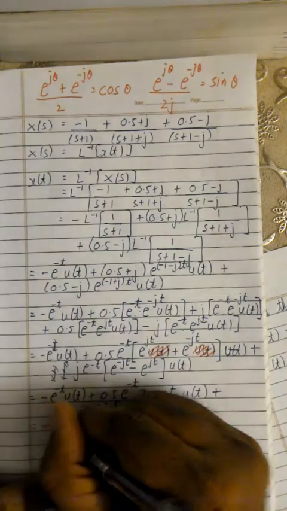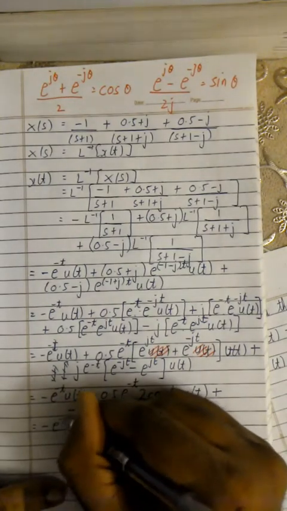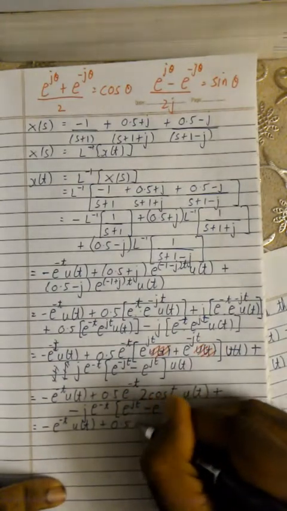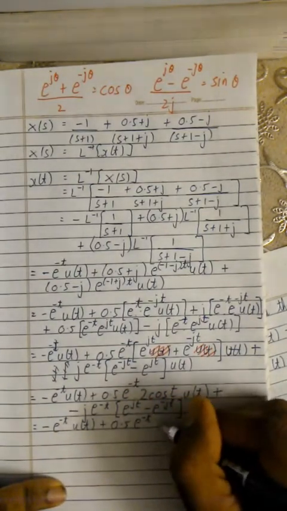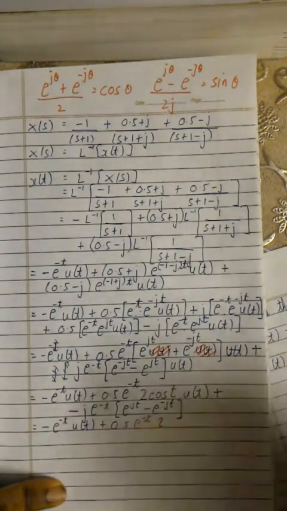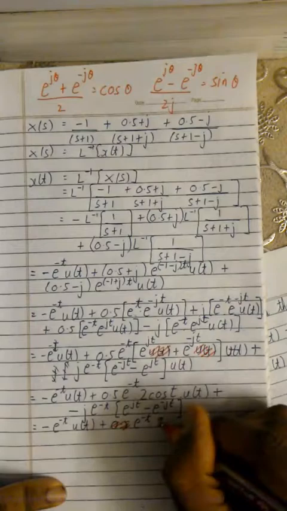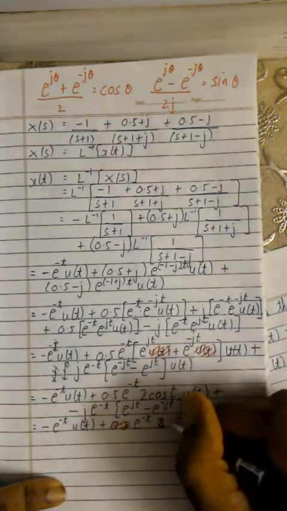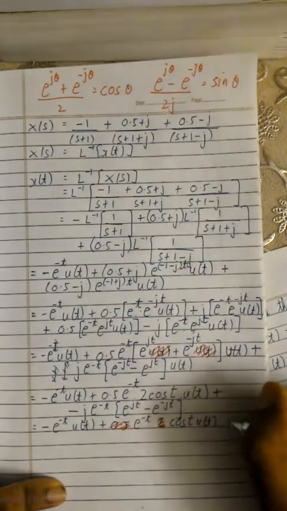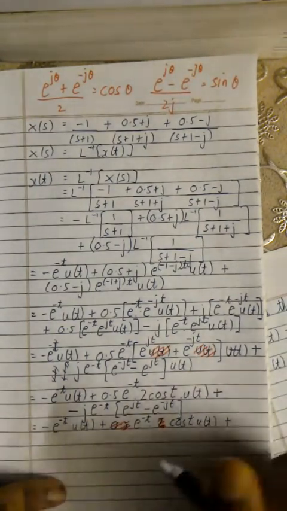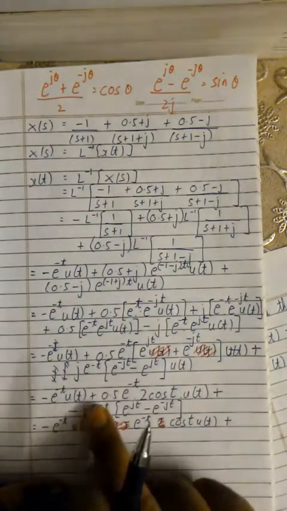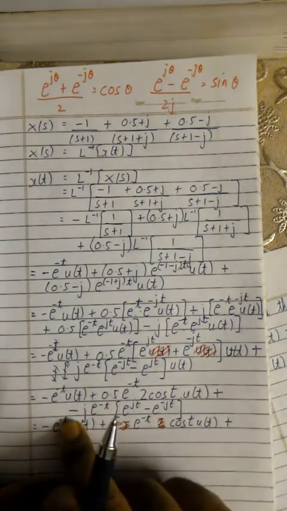It's much better. So it will become minus e^(-t) u(t) plus 0.5 e^(-t) into 2, and 2 into 0.5 is 1, so I don't need to write that. So e^(-t) cos t u(t) plus, multiplying here, j into j is minus 1, and minus 1 into minus 1 becomes plus.